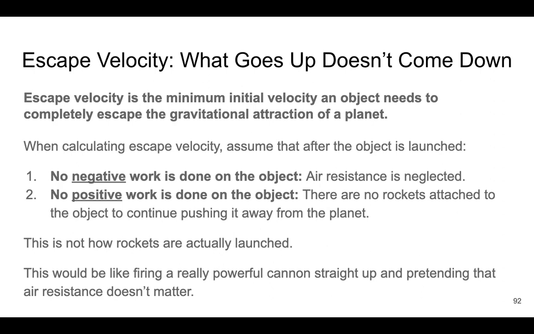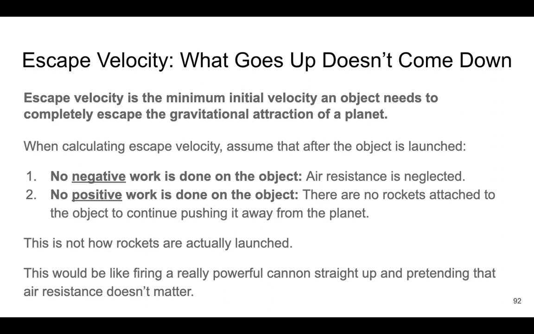This would be a lot more like if we had a gigantic cannon and we pointed the cannon straight up and fired it, and as soon as the cannonball leaves the gun, there's nothing else that we add to it. So there's no rockets pushing on it. When we do this calculation, we pretend it's a bullet leaving a gun and not a rocket that keeps pushing itself up.